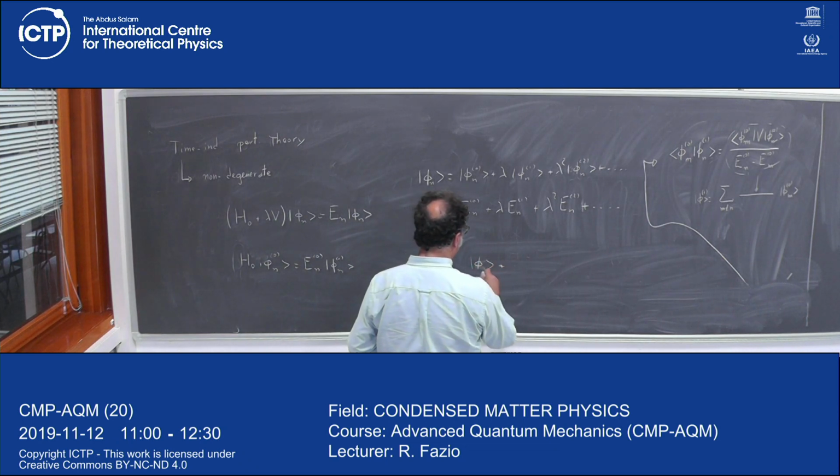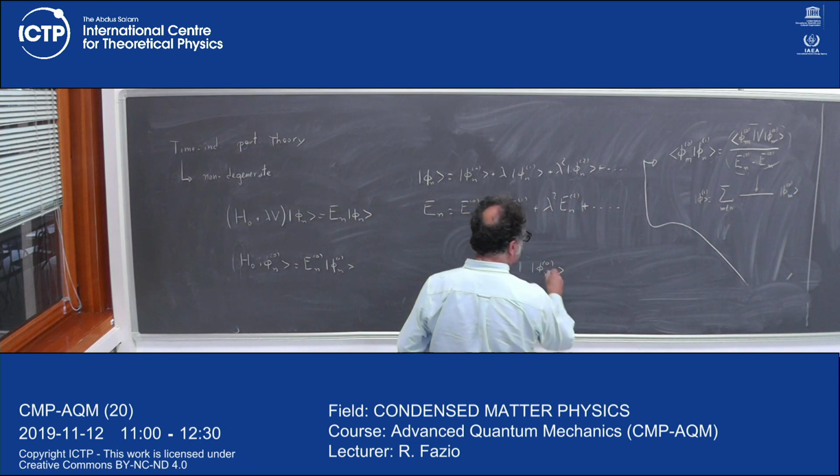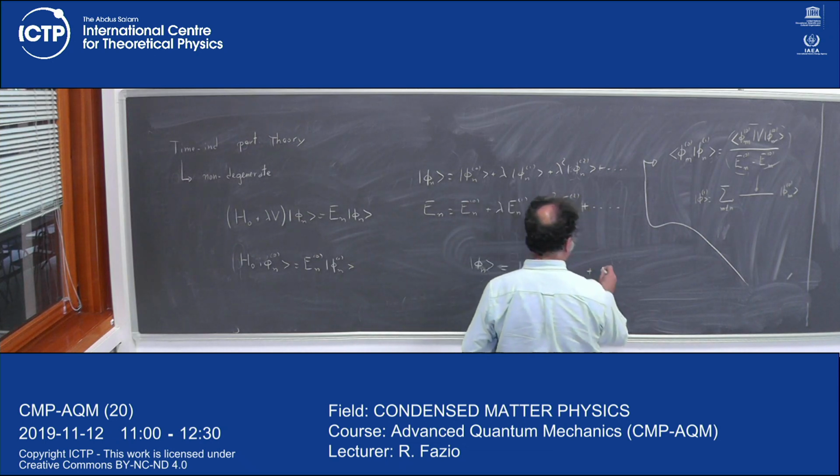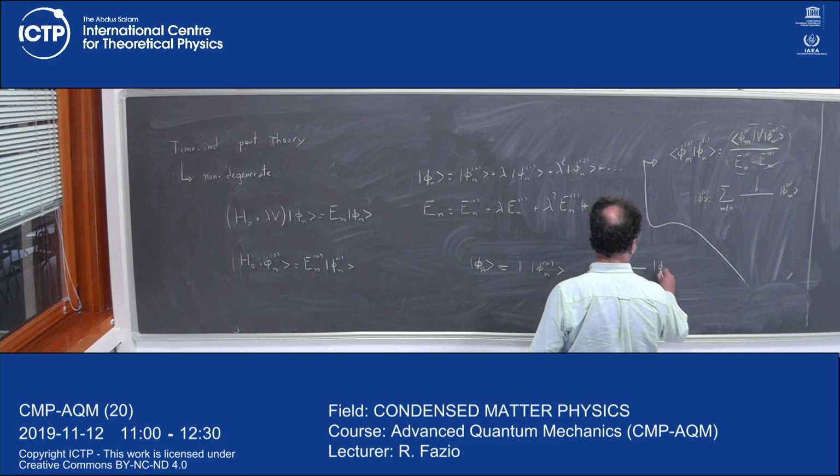So far I just wrote phi 0, phi n is just phi 0 n plus sum over m different from n of this.